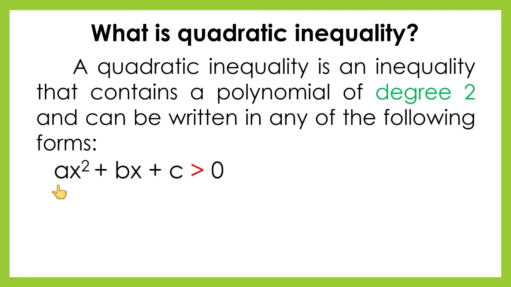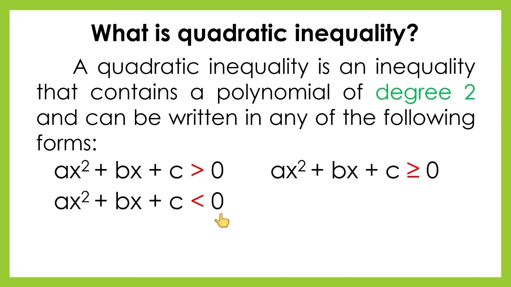The first form is ax squared plus bx plus c is greater than 0. Pag nakita ninyo ang symbol na to greater than at ang degree ay 2, that is a quadratic inequality. Another form is ax squared plus bx plus c is less than 0.